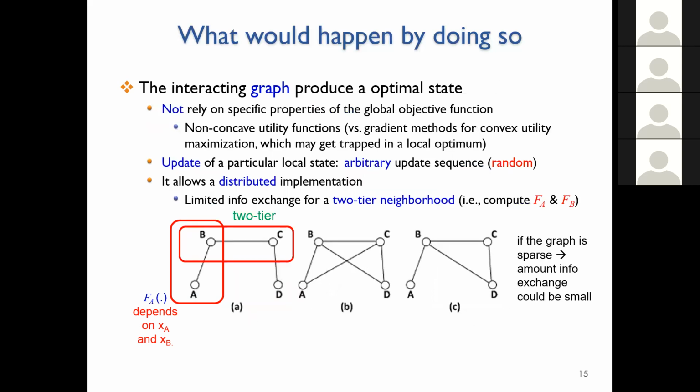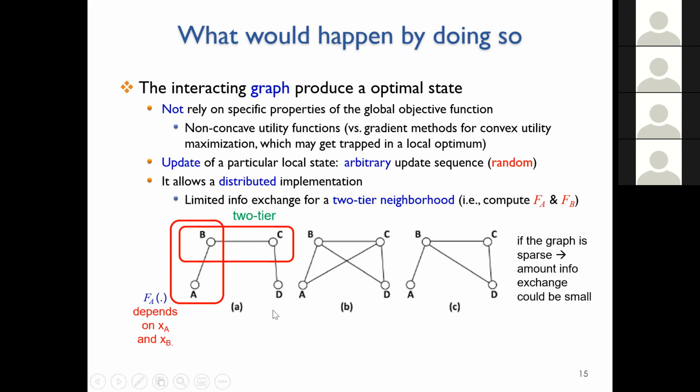So how are we going to work it out? This is a graph. Here, if you use the potential game spatial adaptive play framework, you consider this non-concave function that you would like to maximize. You can use a gradient method, but you will see you get trapped in a local maximum point. You update your configuration for A, just like what we mentioned earlier. You can choose A, B, C, D arbitrarily in each configuration step iteration.